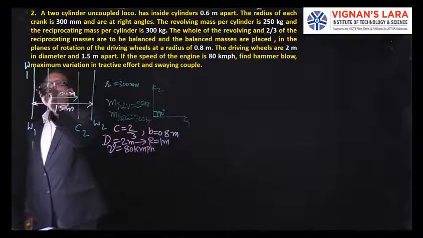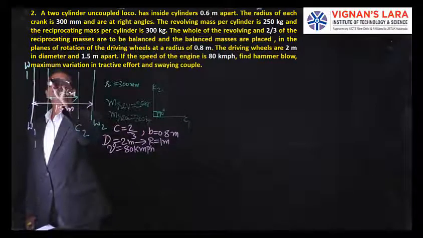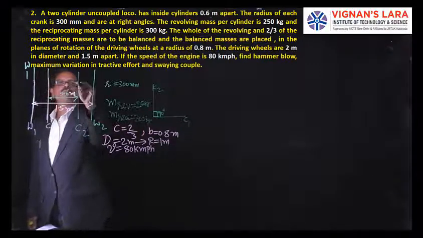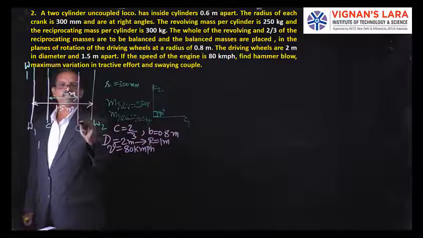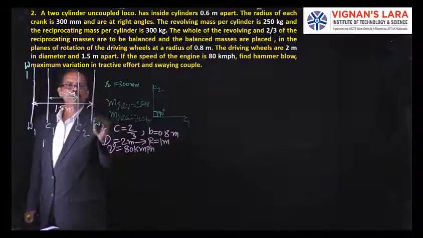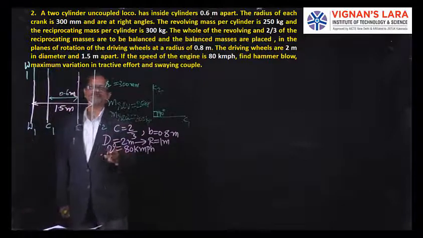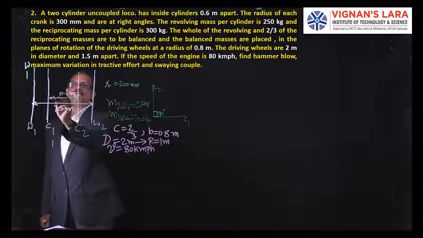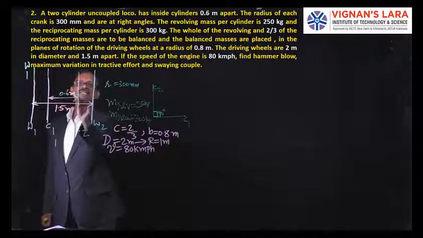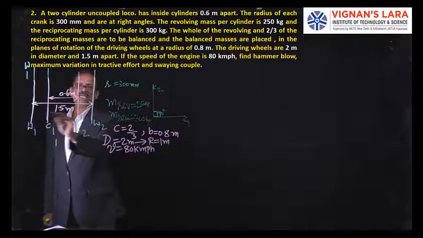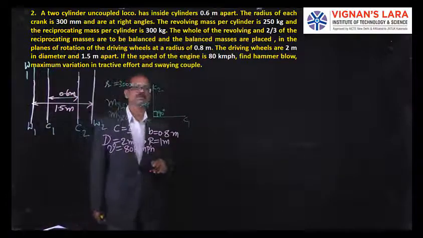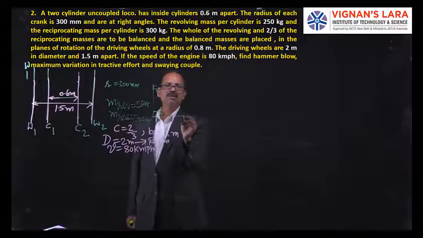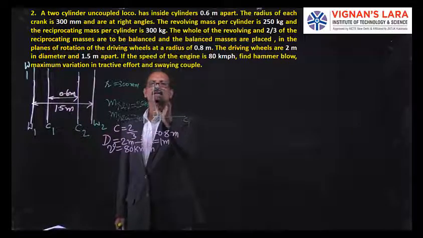Plane 1 is a wheel, plane 2 is a cylinder, plane 3 is another cylinder, and plane 4 is another wheel. In the inside cylinder engine, the cylinders are kept at a distance of 0.6 meters, and the wheels are separated by 1.5 meters. The cranks are at a 90 degrees difference.